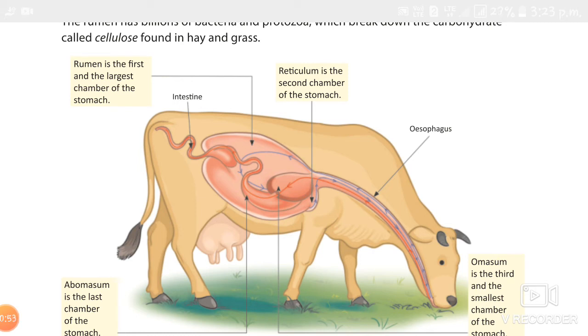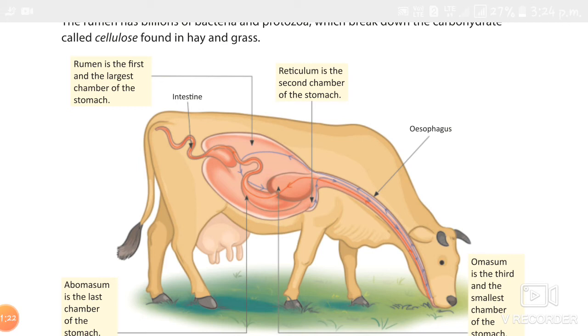Then the food goes to the large intestine. So in the large intestine, what is the main function? It absorbs water and eliminates the undigested food as feces.